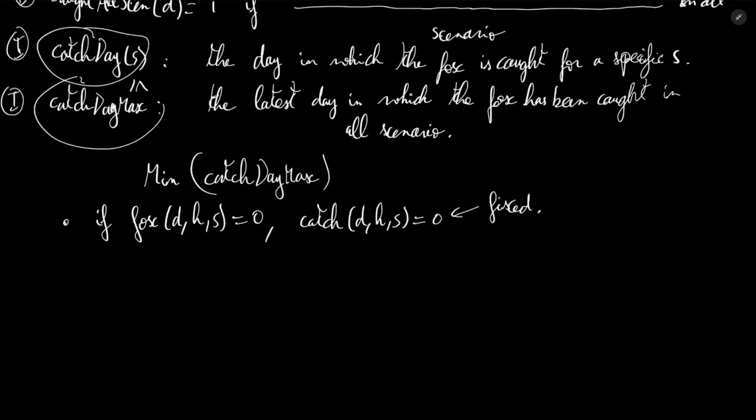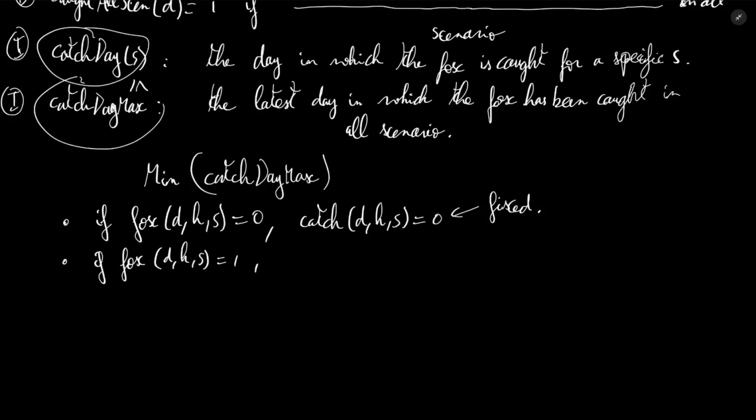Another thing that we can say is that if the fox is actually in the specific hole in that specific day and specific scenario, so if fox DHS equals 1, then in that case we have a chance to catch the fox, but only if we are checking that hole.